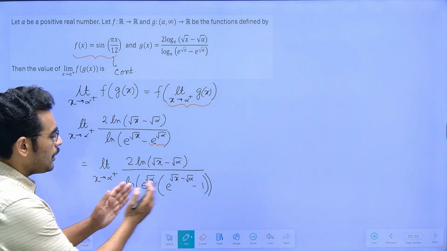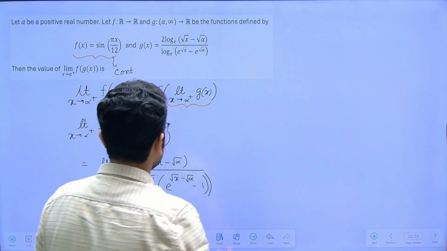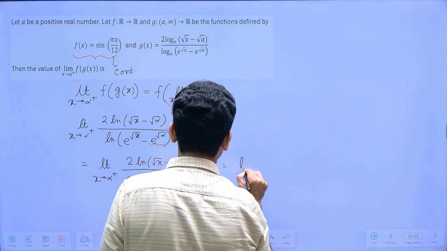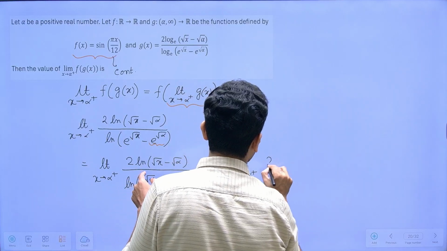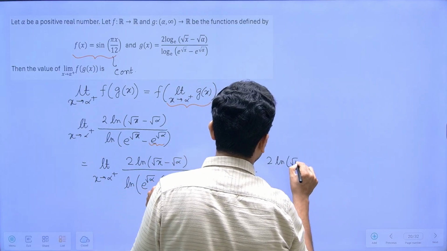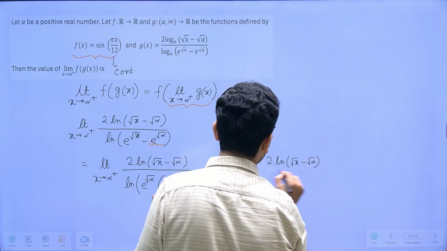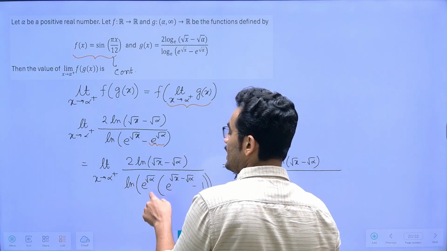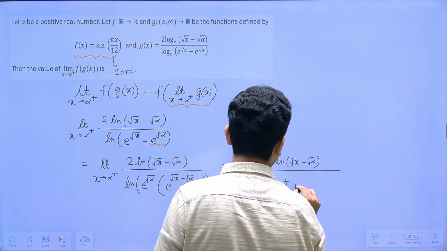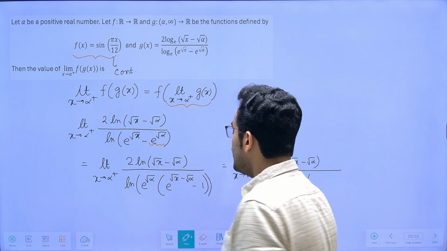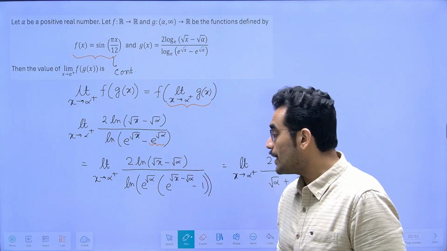Now if we apply the log property to split it up, this is equal to the limit as x tends to alpha plus of the numerator as it is, 2 ln(√x − √alpha), divided by ln e^√alpha, that is √alpha, plus ln(e^(√x − √alpha) − 1).